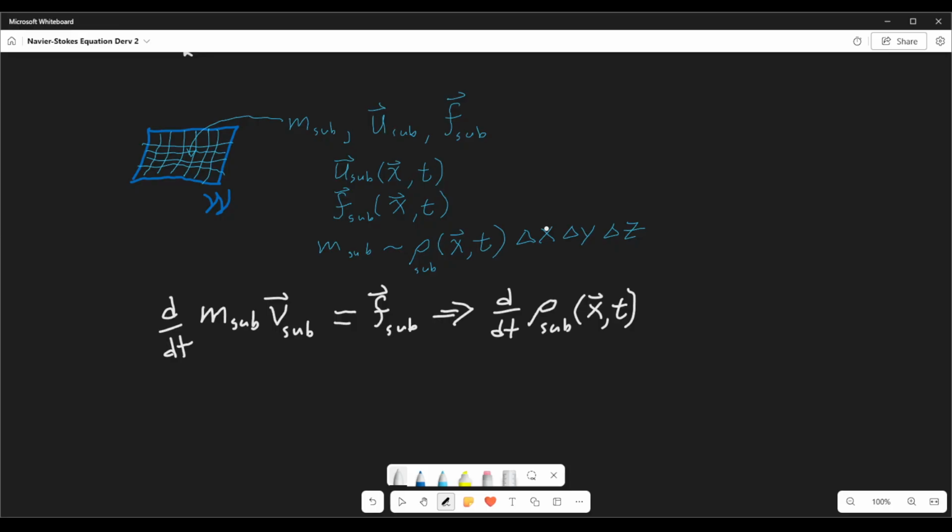And then you have the u, which is the velocity, again space and time, delta x, delta y, delta z, and this equals force of the sub.